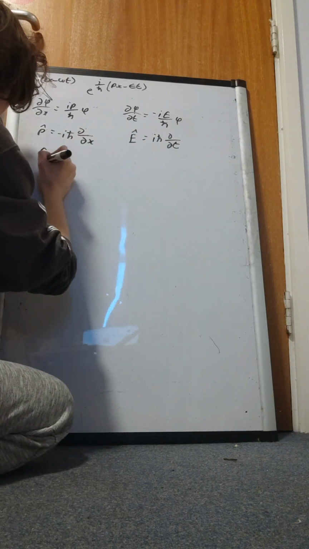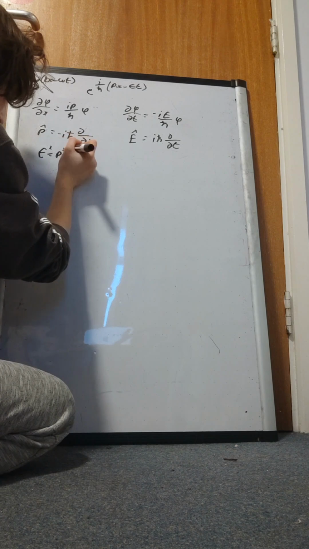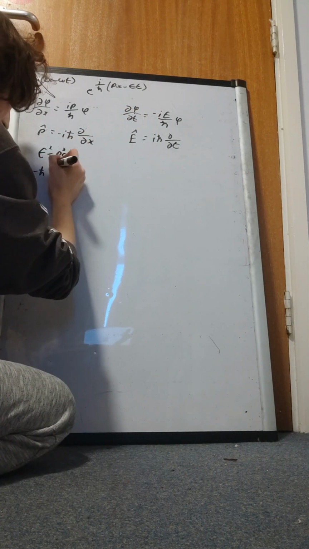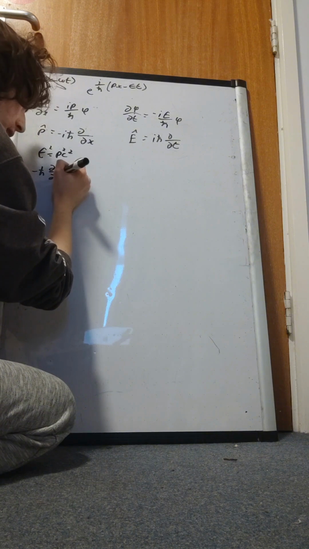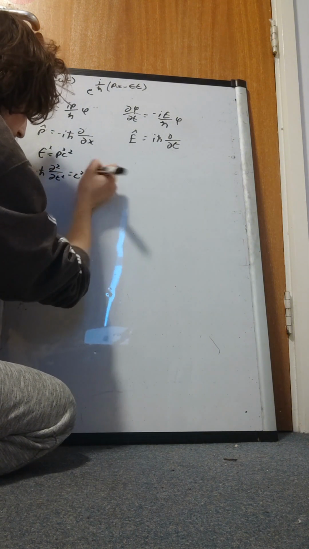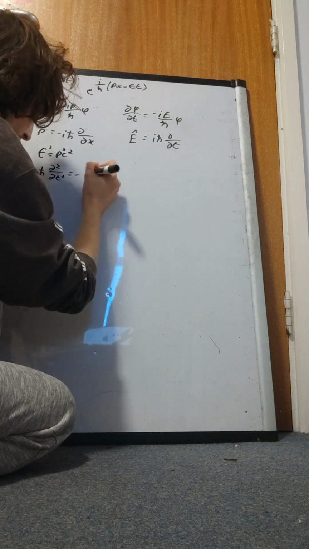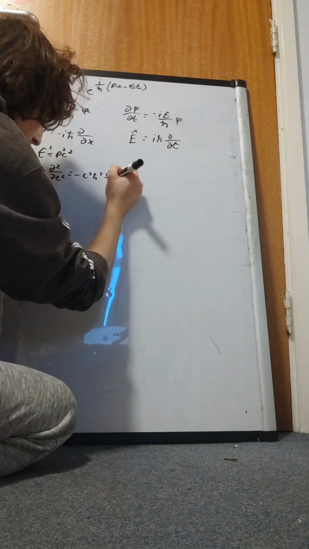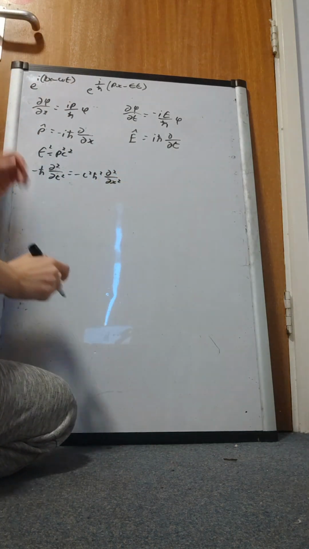If we square both sides, you have E squared equals p squared c squared, we can apply our operator: minus h bar squared d squared dt squared is equal to minus c squared h bar squared second order position derivative.